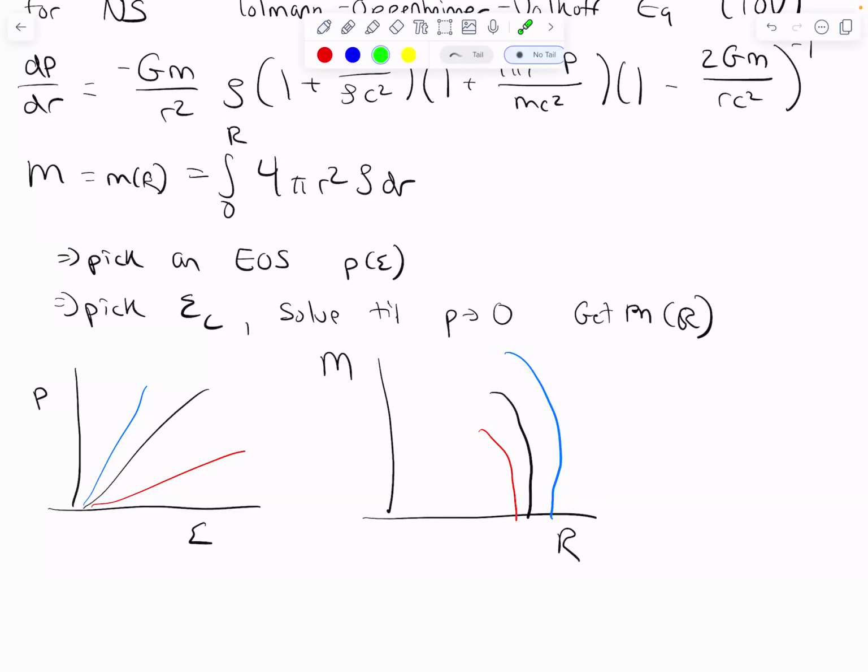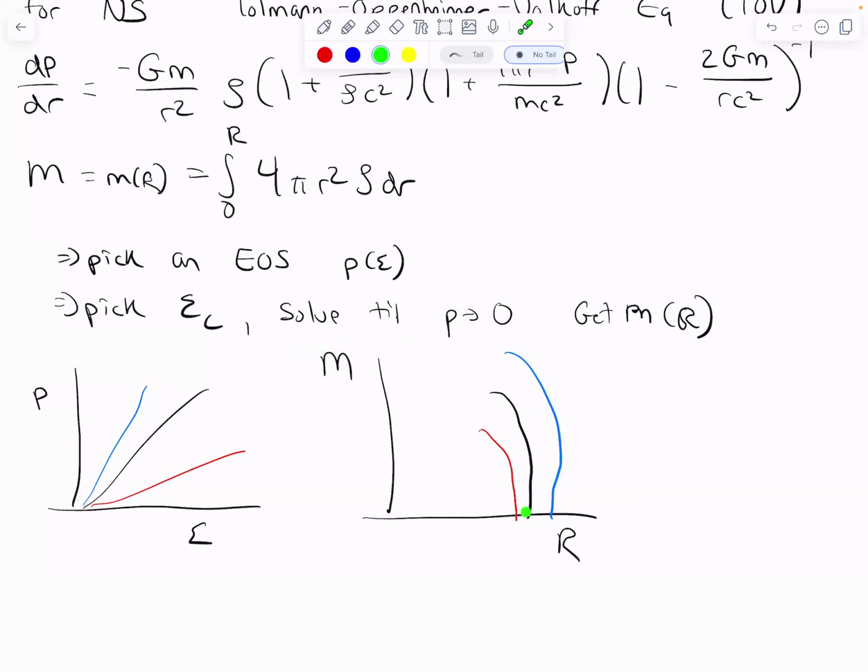Well, first of all, like I said before, if you have something with a large amount of pressure, you generally expect some sort of fluffier star here, and it might reach heavier masses as well. So this is something that we can look for in observational data. In fact, if I could find out the mass and radius of every single neutron star in the universe, I would know exactly what this curve is.